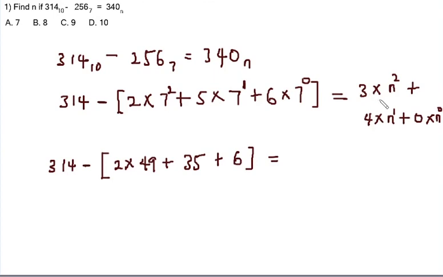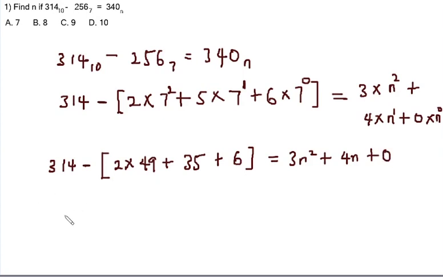And this is equal to 3 times n squared, which is 3n squared, plus 4 times n to the power of 1, which is 4n, plus 0 times n to the power of 0. n to the power of 0 is 1 times 0, so we have plus 0 here.